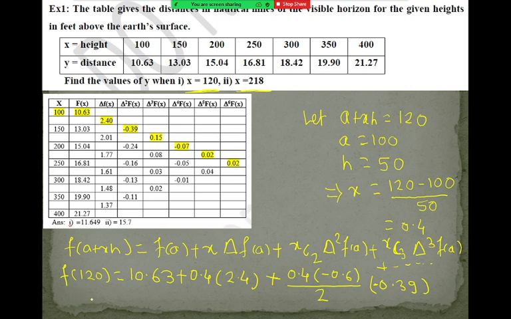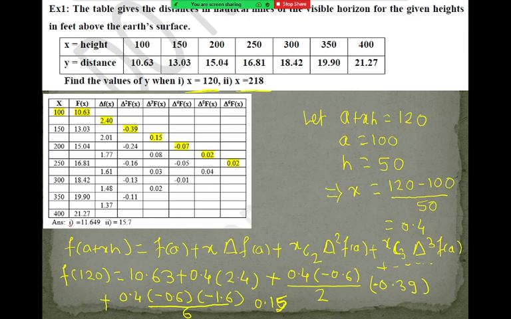Now the fourth term: x into x minus 1 into x minus 2 upon 3 factorial. What is 3 factorial? 6. Correct. And delta cube is 0.15. Just correct it here. So that is the fourth term.